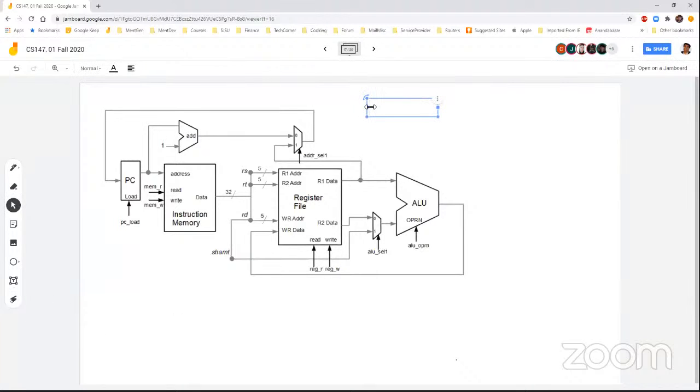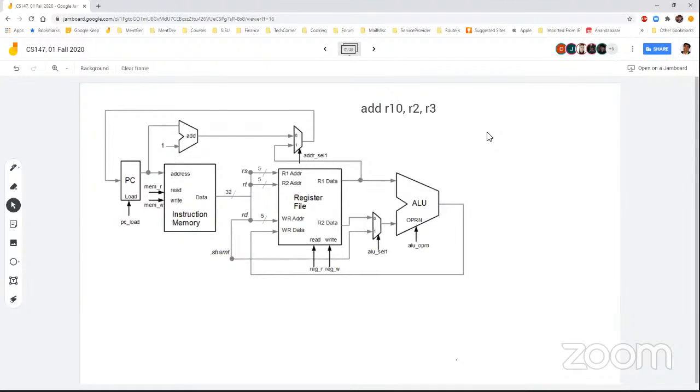Let's say we're trying to do this: add R10, R2, R3. So basically we are trying to read from registers R2, R3 and write the result back to R10.